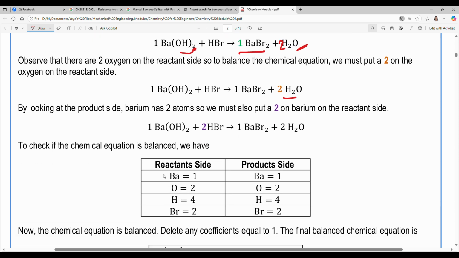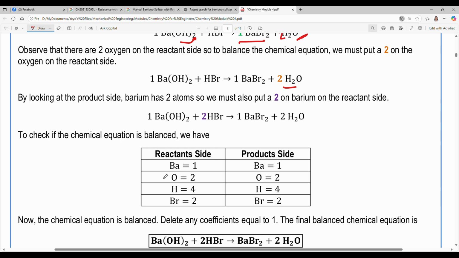Then the hydrogen, no? The hydrogen on the reactant side is 2 also, because it is distributed inside, 2 plus 1 is 3. On the product side, the number of hydrogen is 4, no, because 2 times 2 is 4, so it is not balanced. So to balance, we will write 2 here, because 2 hydrogen plus 2 hydrogen is 4, 2 times 2 is 4.